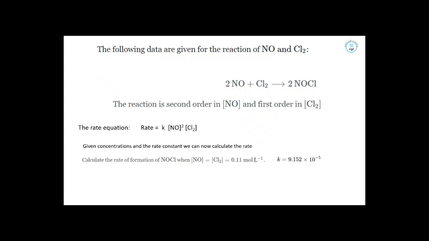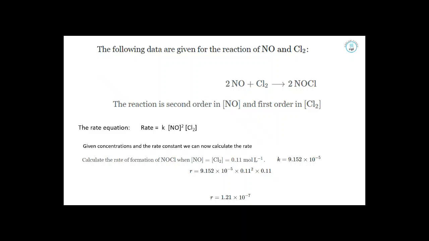And they have to give you the rate constant as well. So all you need to do is what I call plug and play. You can see the concentrations are both at 0.11. So if we plug that into our calculator, we've got our rate constant times by the NO, which is 0.11 squared, and the concentration of chlorine, which is just 0.11. And that gives us rate equals 1.21 times 10 to the minus 7.